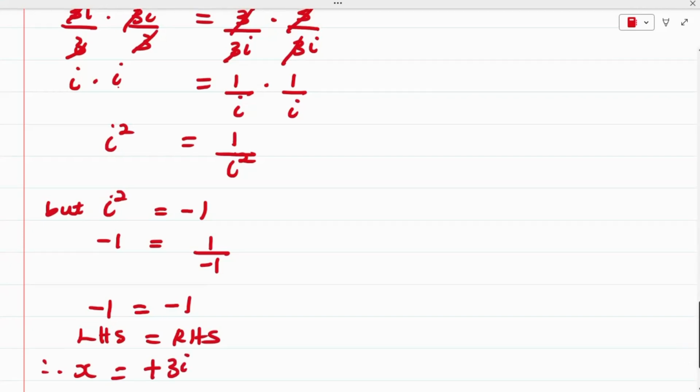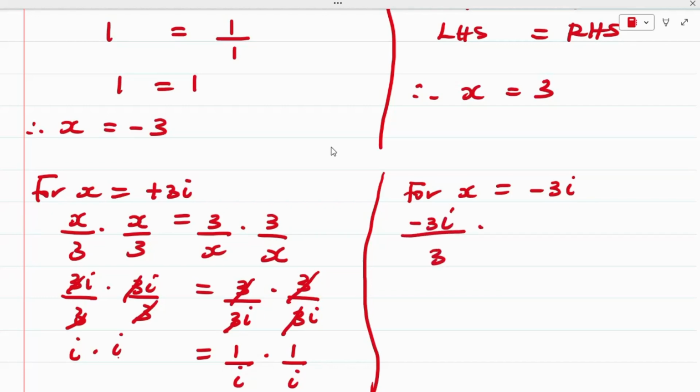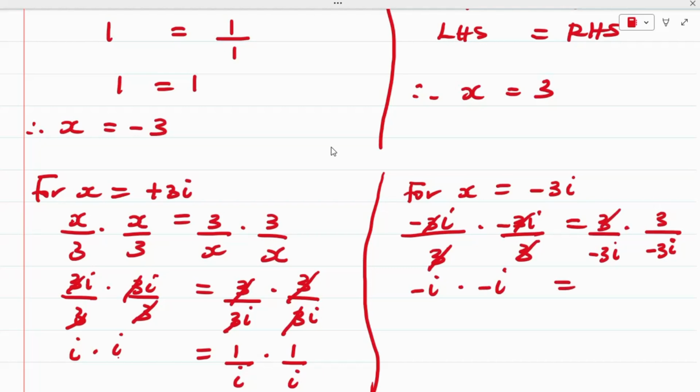So lastly, let's verify for x equals negative 3i. So for x equals negative 3i, we have negative 3i divided by 3 multiplied by negative 3i divided by 3 is equal to 3 divided by negative 3i multiplied by 3 divided by negative 3i. So from here, this cancels out this, we have negative i multiplied by this, cancel out this, we have negative i is equal to this, cancel out this, 1 over negative i multiplied by this, cancel out this, 1 over negative i.